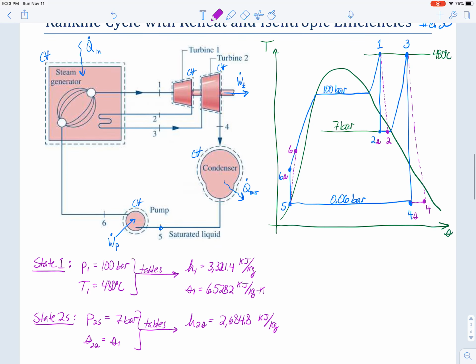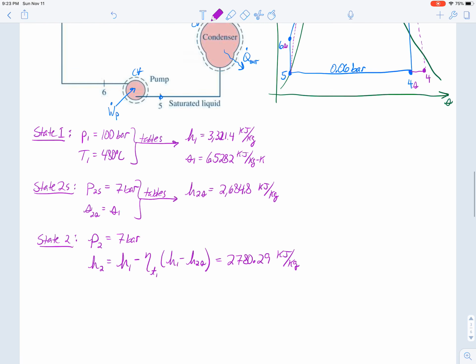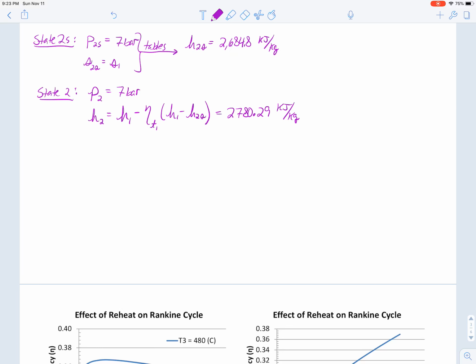Okay, state 3, I'm still at 7 bar, my intermediate pressure, but I've gone through reheat back up to 480 Celsius. So I know pressure at state 3 is still 7 bar. I know temperature is 480 degrees Celsius.